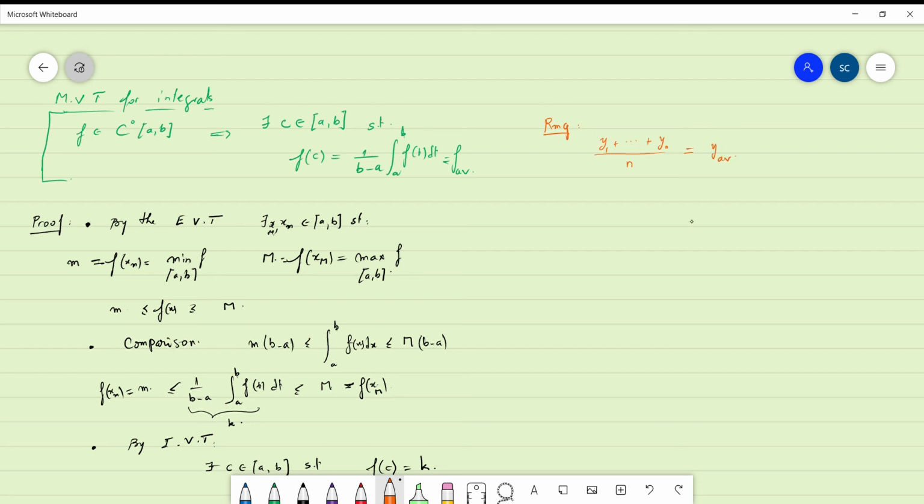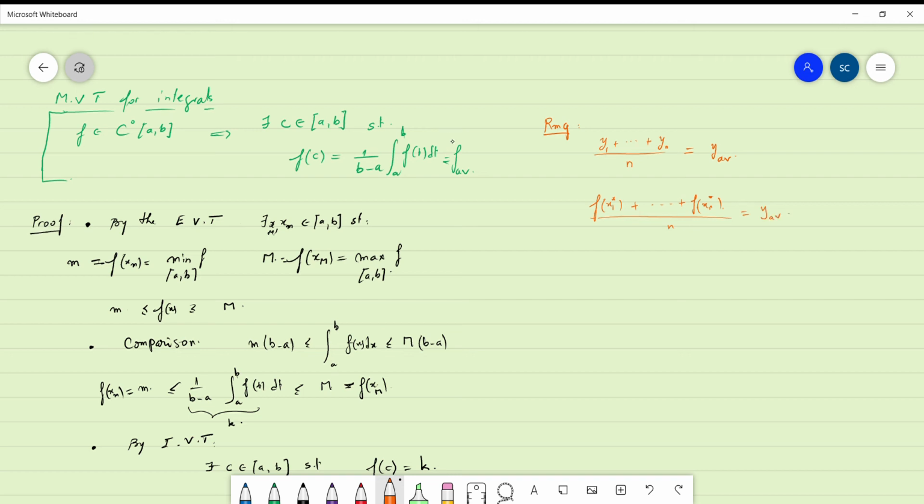So suppose that we have divided our interval [a, b] into subdivisions, and the y average is taken as f(x1*) plus up to f(xn*), over n.